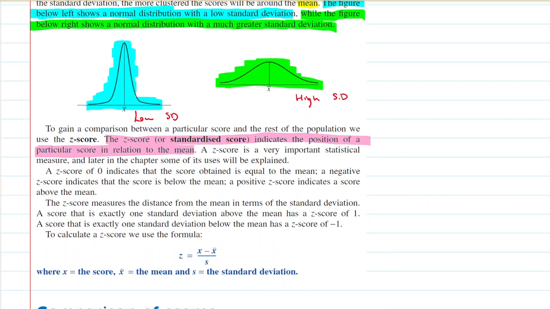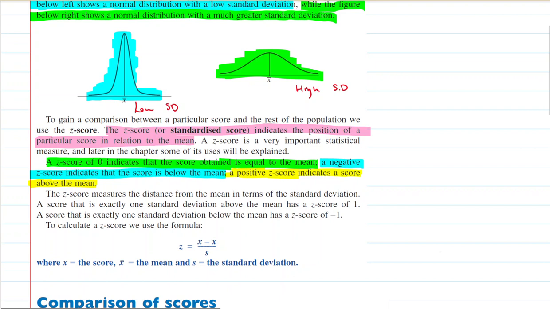Important things to know: a z-score of 0 means that it's equal to the mean. A negative z-score means that it's below the mean, and a positive z-score indicates that it's above the mean. So you need to remember those three things.